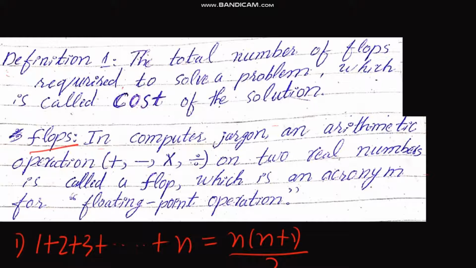Flops is short form of floating point operations, right? So if you collect all those floating point operations, we call it the cost, right? For example, if you are solving a problem, all the multiplications and additions that you have used, if you collect them, that collection is called a cost, right?